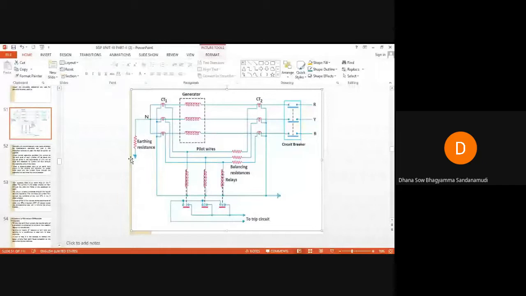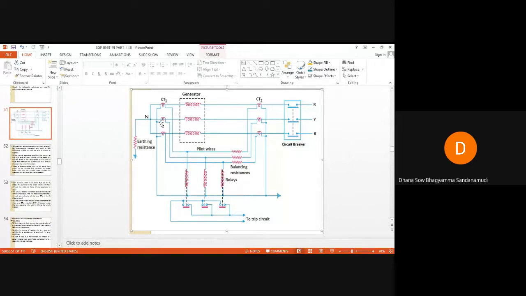But in practice, it is observed that if a fault occurs near the neutral, it is not possible to protect the stator windings completely from this fault current. Why? Because when an earth fault takes place nearer the neutral, very small EMF will appear across the secondaries of these CTs and across the relay coils, so very low current will flow through the operating coils.